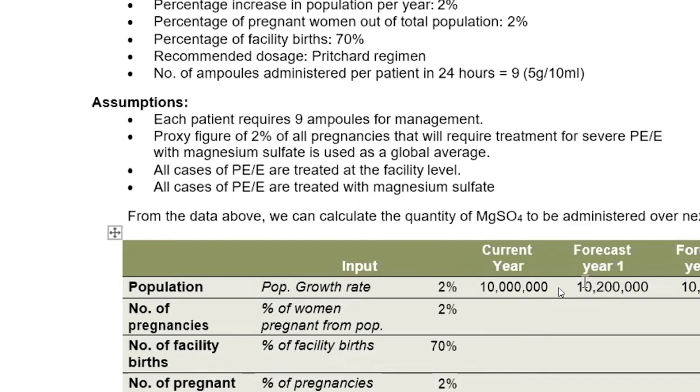The existing population here in year one is 10.2. When we find 2% of 10.2, what we find should be added to 10.2. So always add it to the existing population to get the forecast for the next population. Is it clear there?